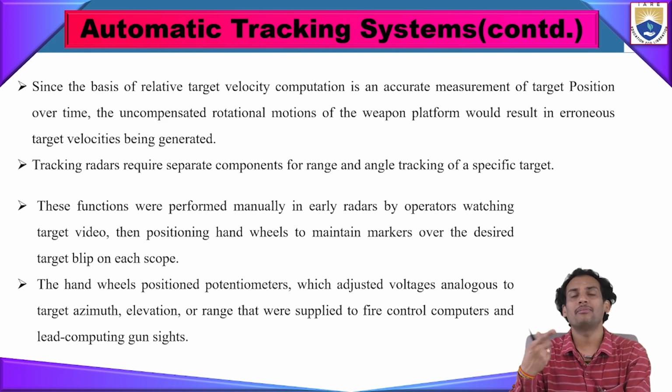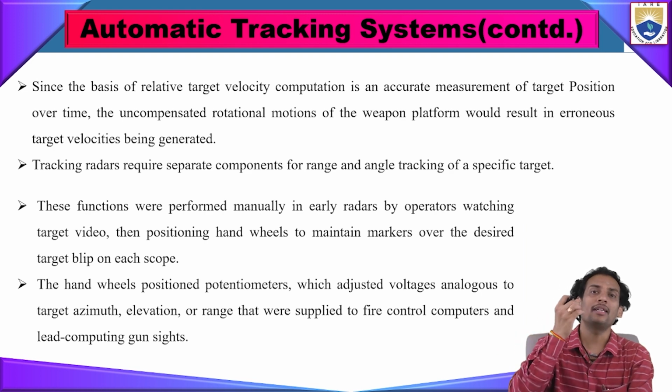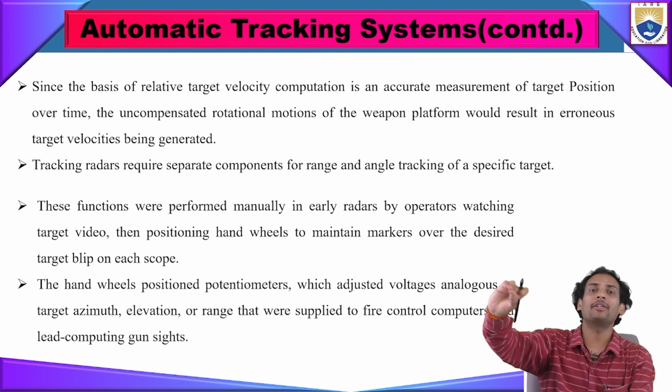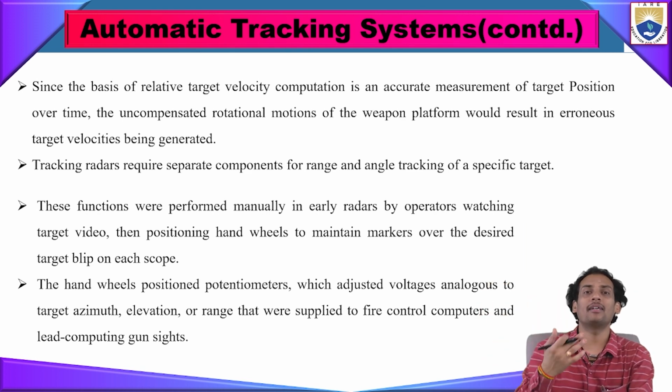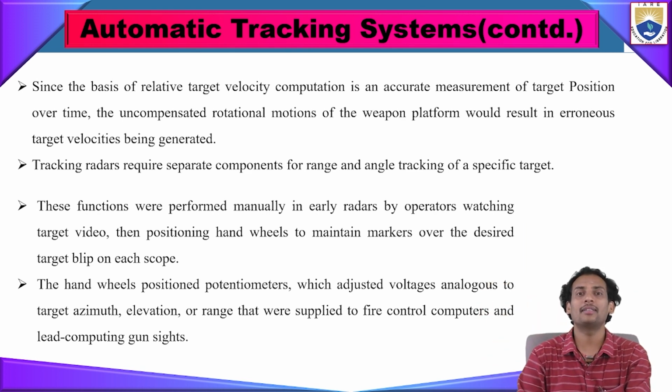Because when we set the target for the missile and in between it has an unusual rotational movement, we need to track that movement also. That will be another output data that needs to be analyzed by the system, and that will be another burden. So the tracking radars required separate components for range and angle tracking of a specific target.